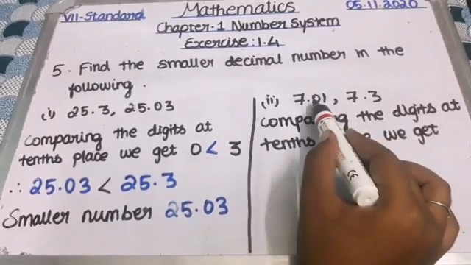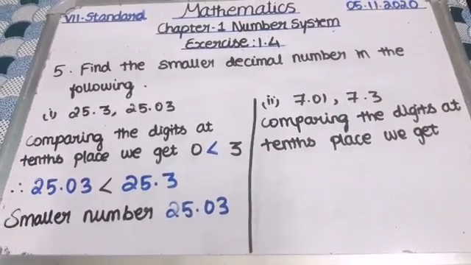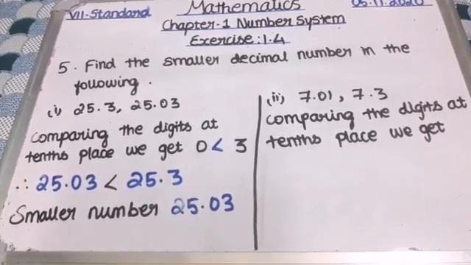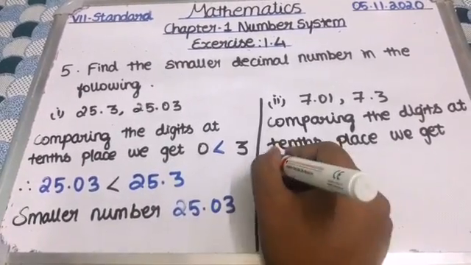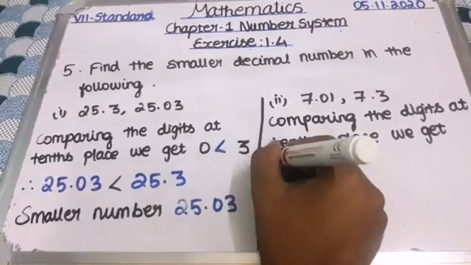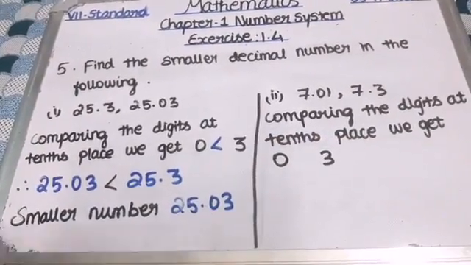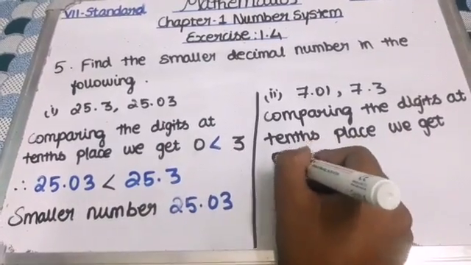Here 0 is here and here 3 is here. So we take 0 as well as 3. Here which is smaller? 0 is smaller.